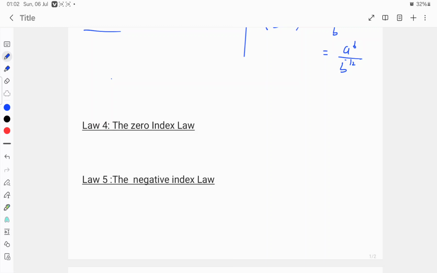So this one we simply say anything power 0 is equal to 1.